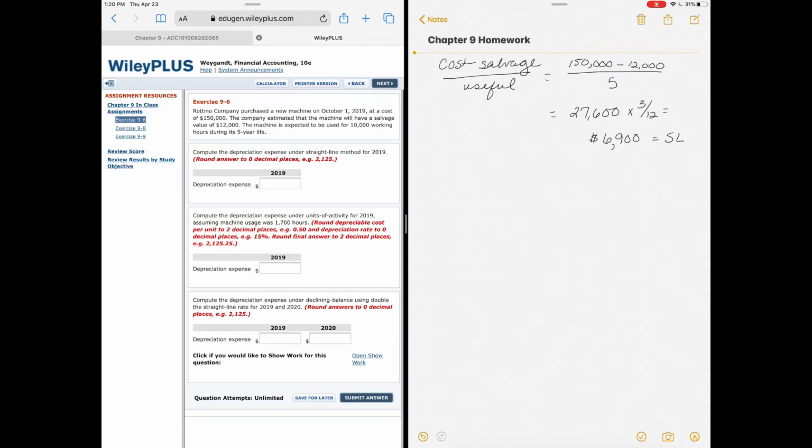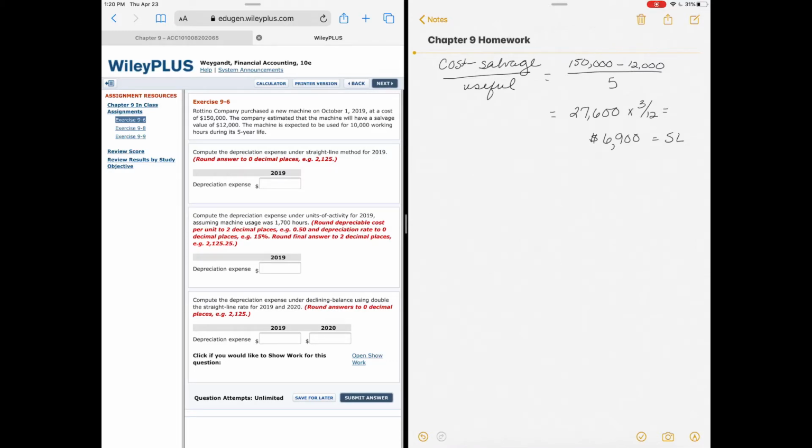But now let's look at what this looks like under the units of activity method, where it's based on machine usage, which is 1,700 hours. Under that units of activity method, remember the first thing we have to do is find out our depreciation per unit.